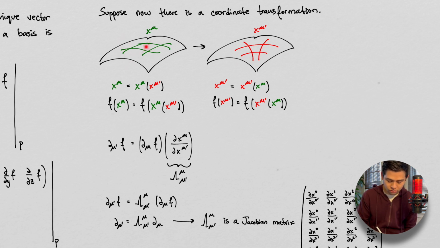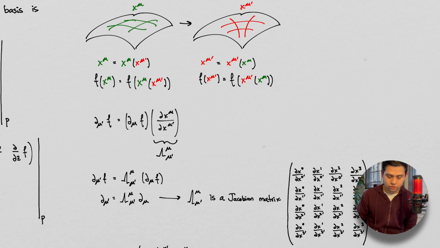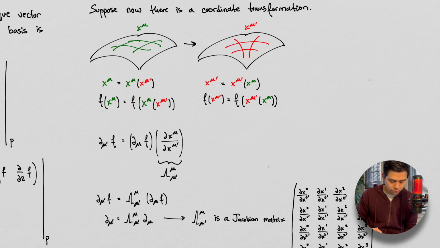Because this is a coordinate transformation, what we do here is we say x mu is a function of x mu prime, where x mu prime is the new coordinate basis. Similarly, x mu prime is a function of x mu.